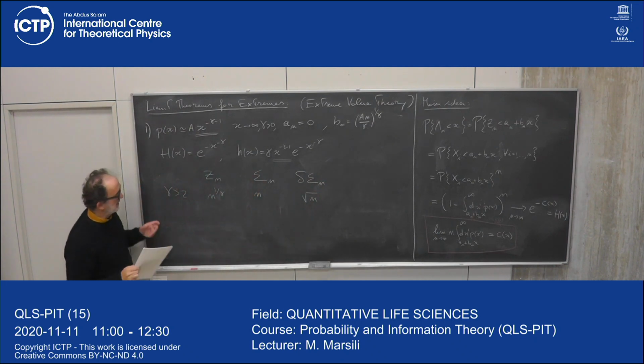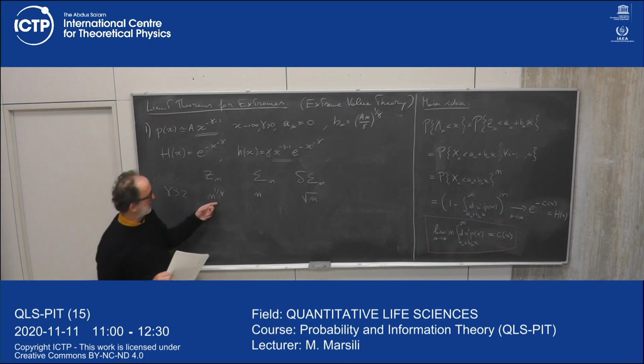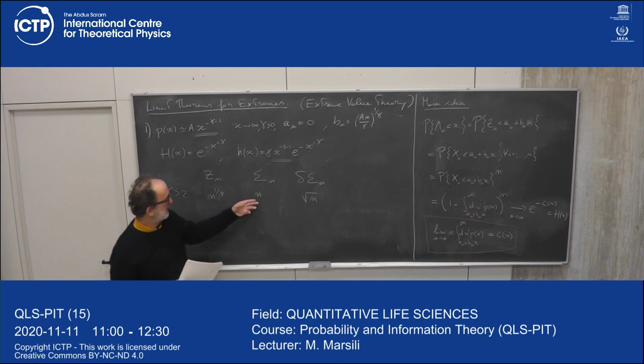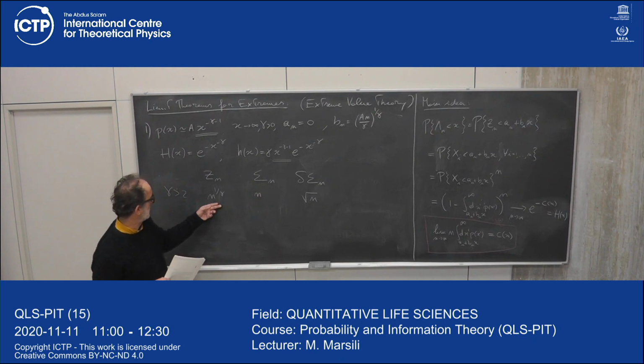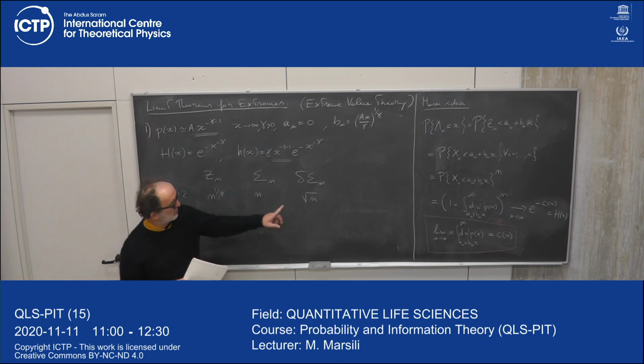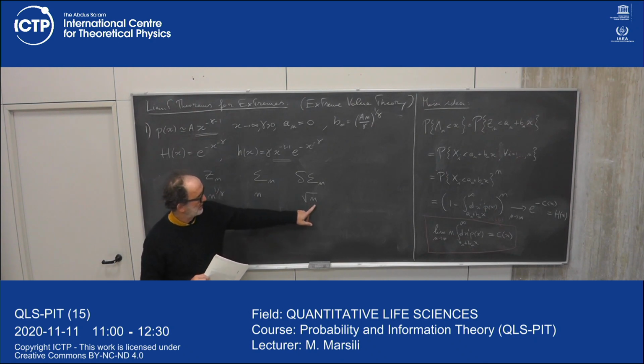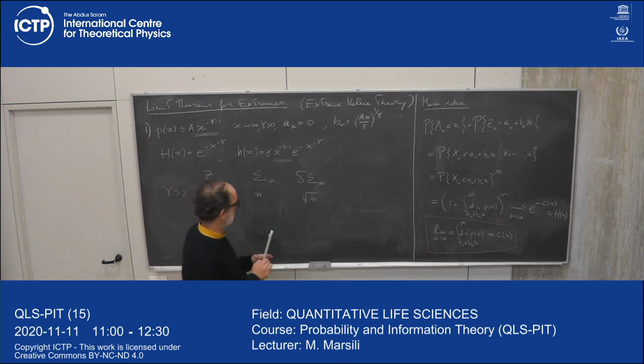So you see that in this regime, when gamma is larger than 2, the maximum is much smaller than n, and it is also smaller than the fluctuations in the sum.